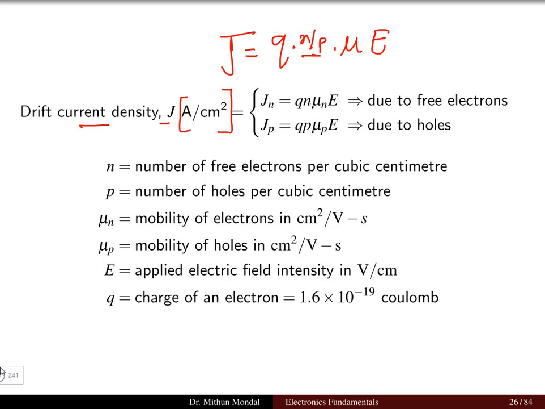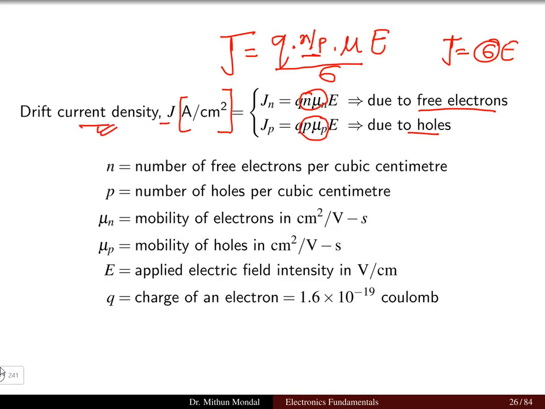We have seen that this formula is basically the conductivity, and we know that J is equal to sigma into E. So sigma is the conductivity which we have found in the previous discussion. Now for the free electrons, we will have n into mu n, and for the holes we will have p into mu p. And hence we can find the drift current density for the electrons and the holes.